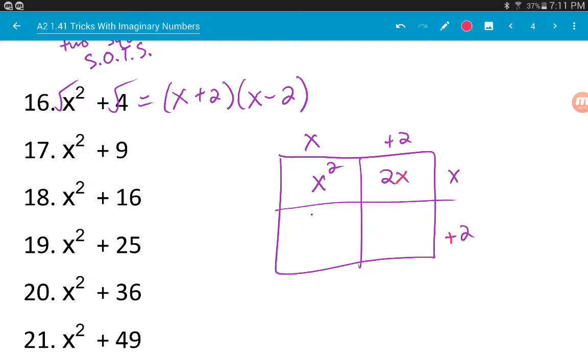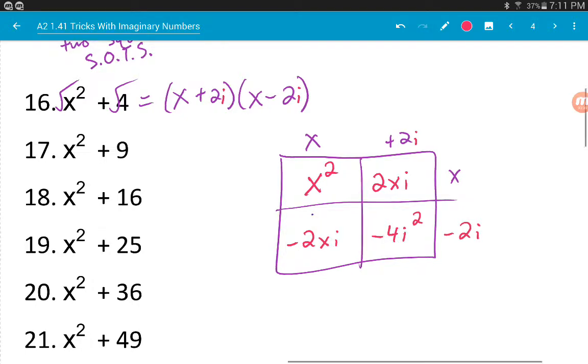That's because the definition, or the rule for the sum of two squares, is that it has to include an i. Watch what happens. x times x is x squared. 2i times x, we're going to write as 2xi. Bottom right, I'm going to get negative 4, i times i is i squared. And the bottom left, I get negative 2xi.